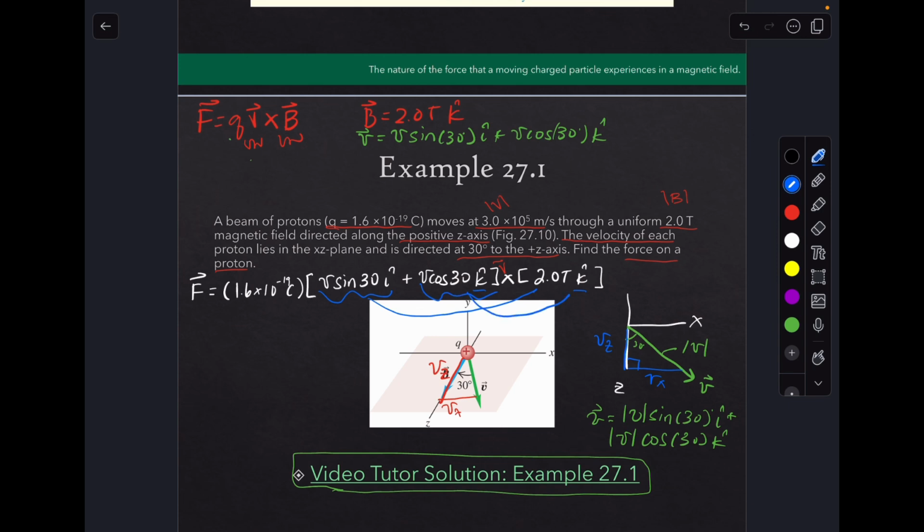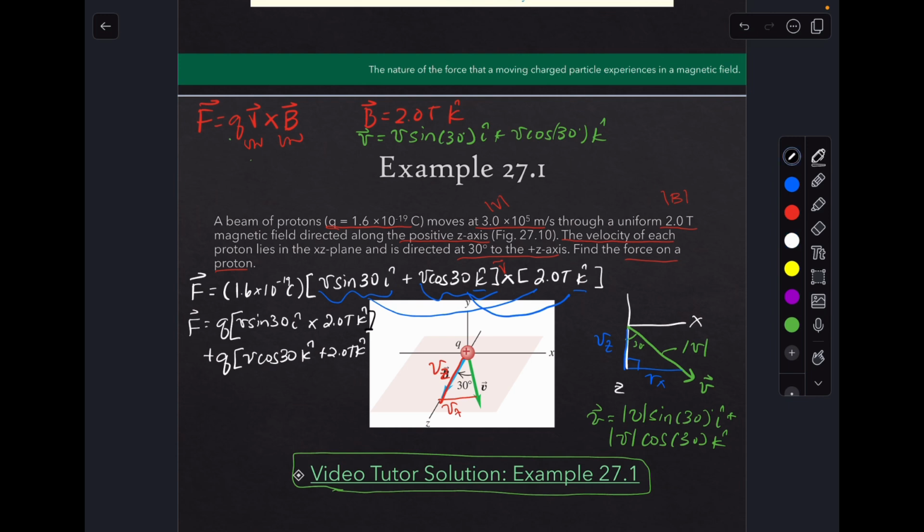Okay, so let's do the distribution algebraically so you can really see that. I'm just going to rewrite this as Q for now to save some room. So this can be rewritten as V sine 30 I hat cross 2 K hat plus Q times V cosine 30 K hat cross 2 K hat.